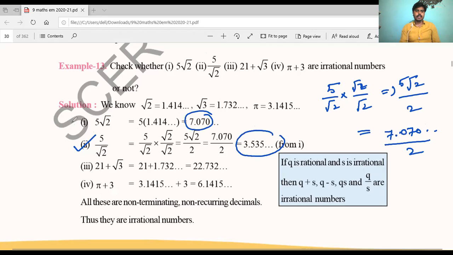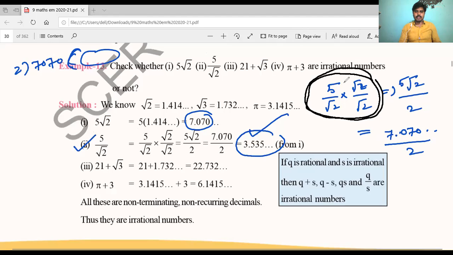Forget about the decimal point, simply take 7070 and divide. This procedure is called rationalization, which we will learn in the next exercise. That is called rationalization of an irrational number. We'll discuss it within minutes, if possible, otherwise in tomorrow's class.